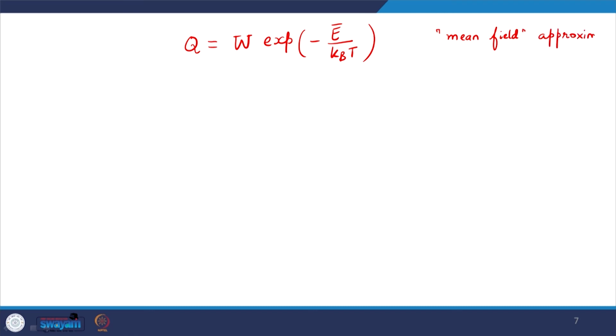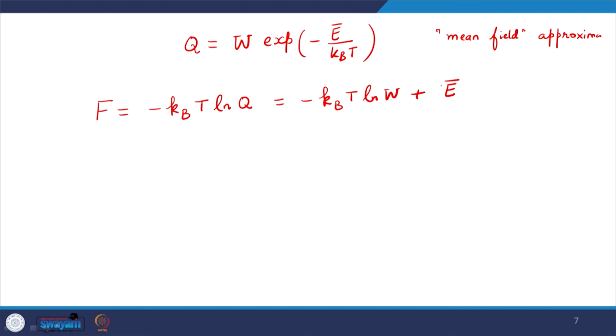So, I have said that my Q is W exponential minus E bar by kBT within the mean field approximation, and I can find the Helmholtz free energy as minus kBT ln of Q, which will now be minus kBT ln of W plus E bar.